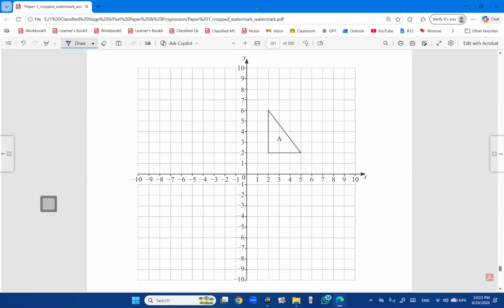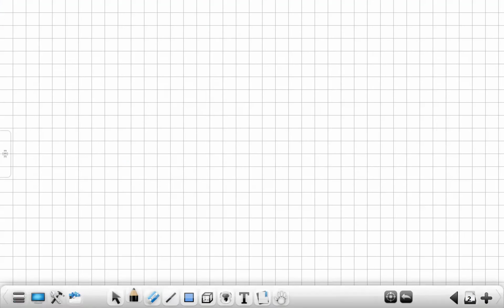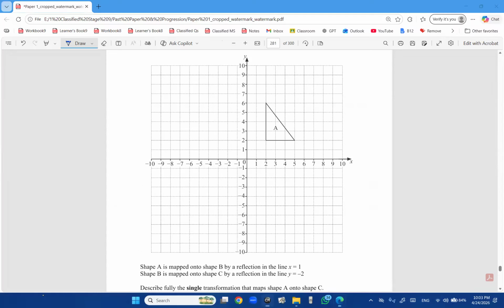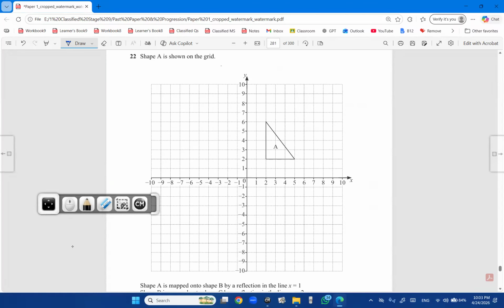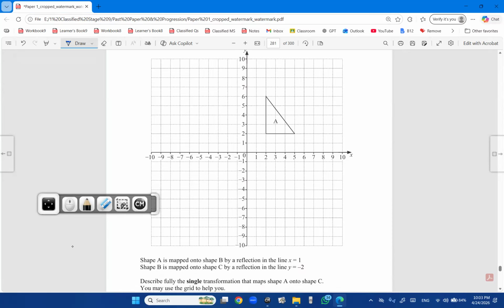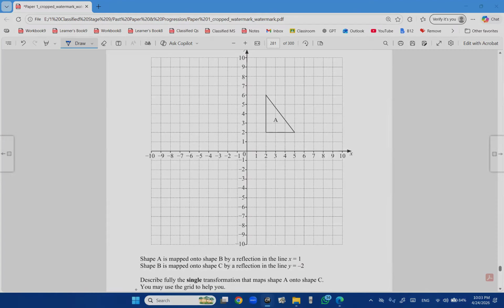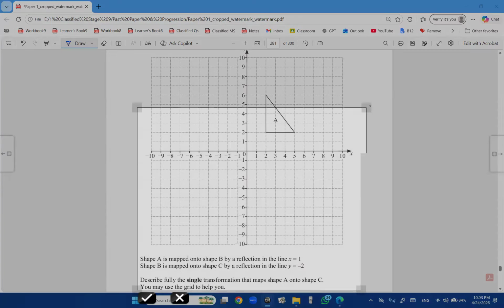All right, I also need to take this one to the application. I got a new page. So shape A is shown on the grid. All what we need is this only. Let's do it.